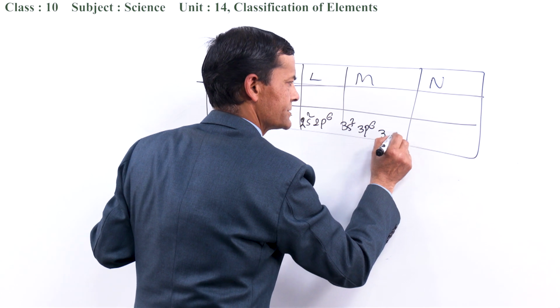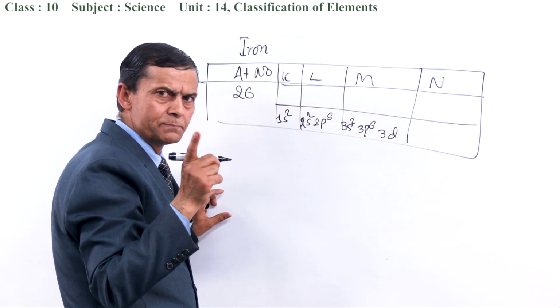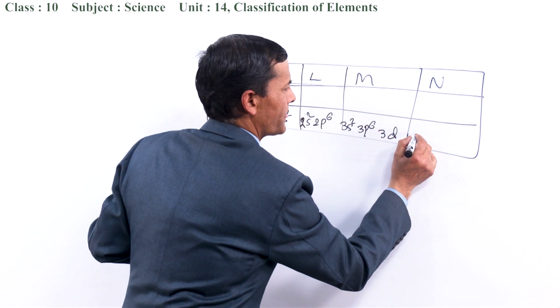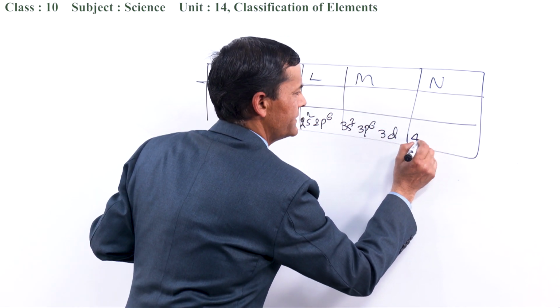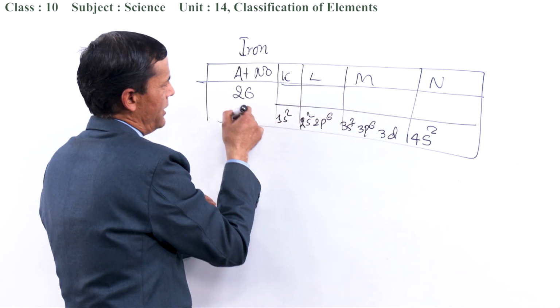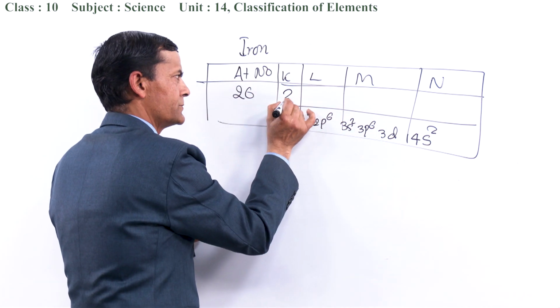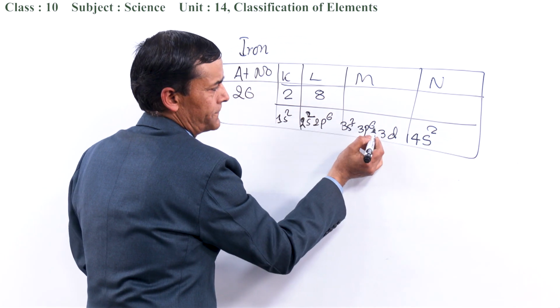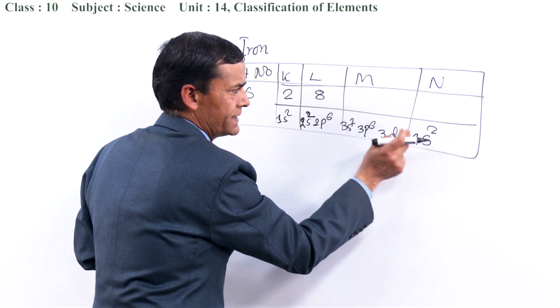There is 3d also, but the Aufbau principle says that we cannot go to 3d. Before going to 3d, we have to fill the electrons into 4s. 4s2. Now, how many electrons have we filled here? Here 2 electrons, here 8 electrons, here 8 electrons, and here 2 electrons.